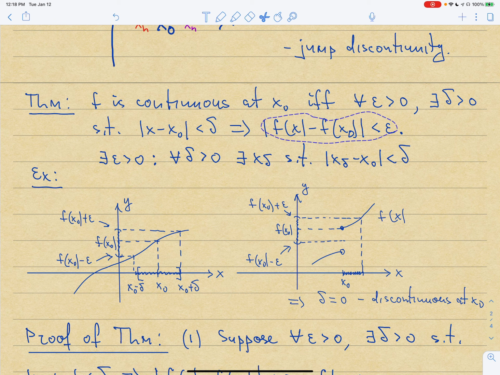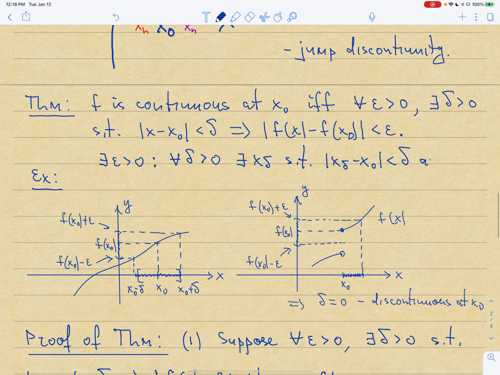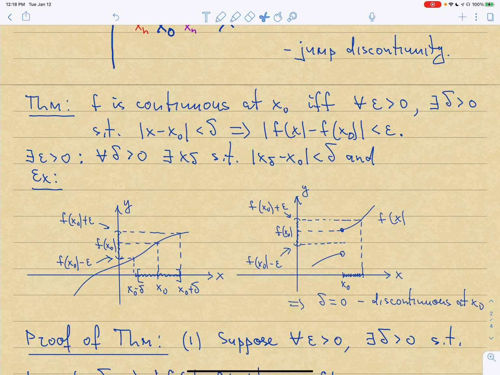And what it means that this doesn't hold is that the difference must be greater or equal than epsilon. So f of x delta minus f of x0 is greater or equal than epsilon, right?